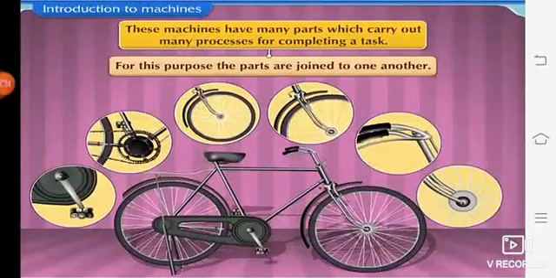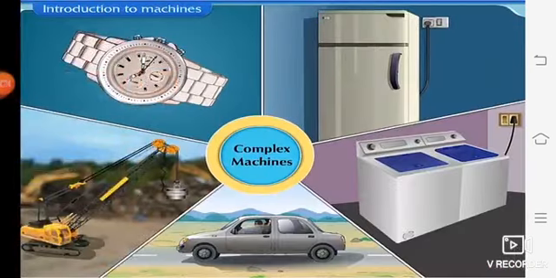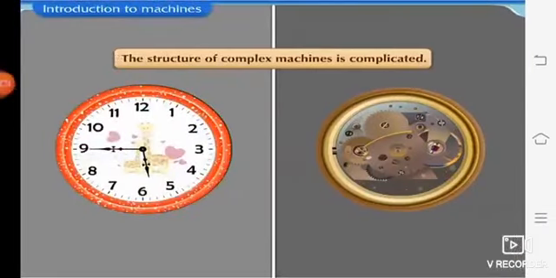The machines which are having many parts, which carry out many processes for completing a task are called complex machines.